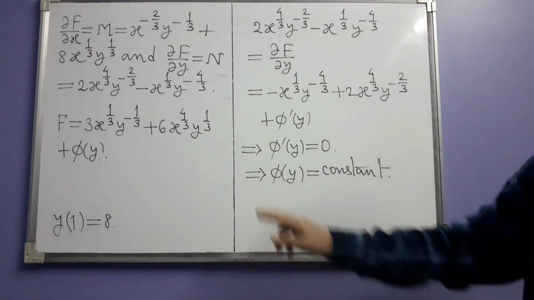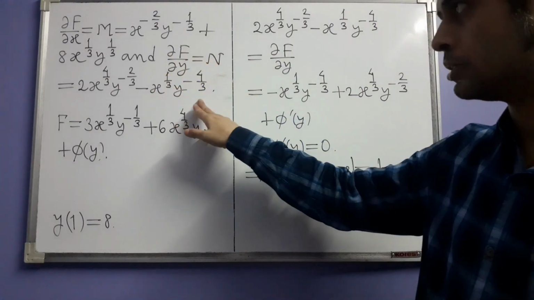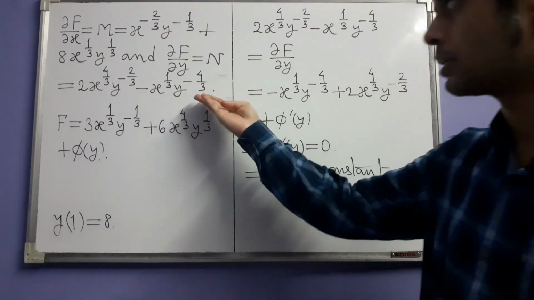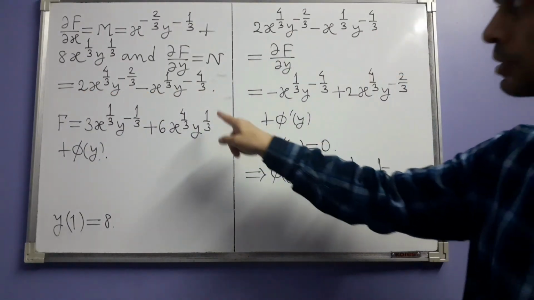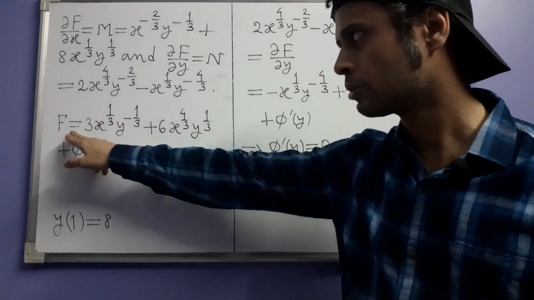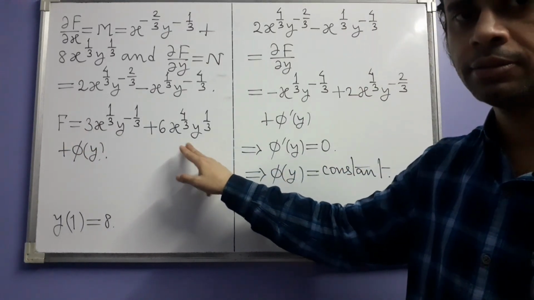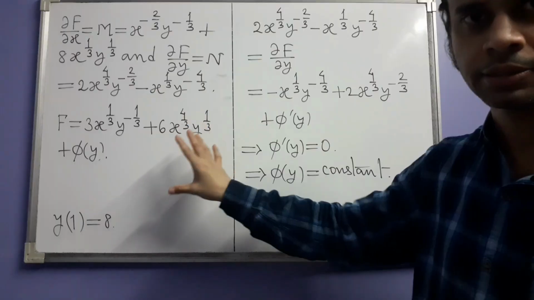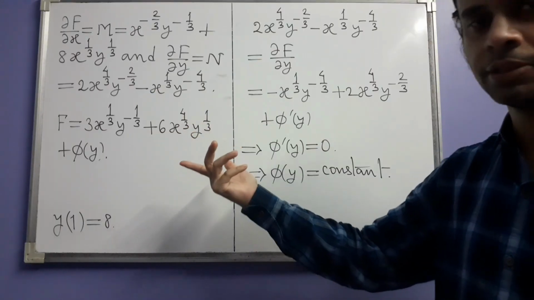So because we are anyway going to use this, I start with this expression, that is equal to del f del y. And now we are going to also get del f del y by differentiating this right hand side of this equation, partially with respect to y.